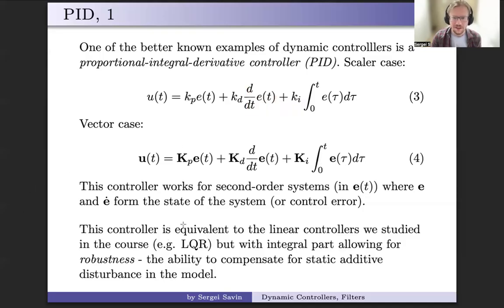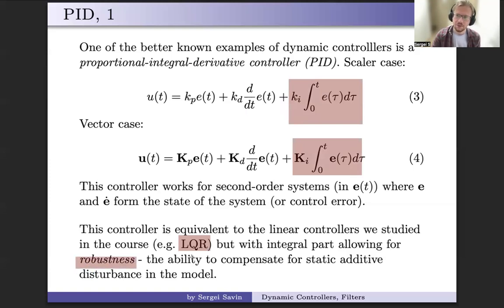All right. Now, this controller is similar to what we studied before, like LQR or pole placement proportional controller. But this integral part allows us to achieve robustness. And in this particular case, the robustness implies the ability to compensate a static additive disturbance.